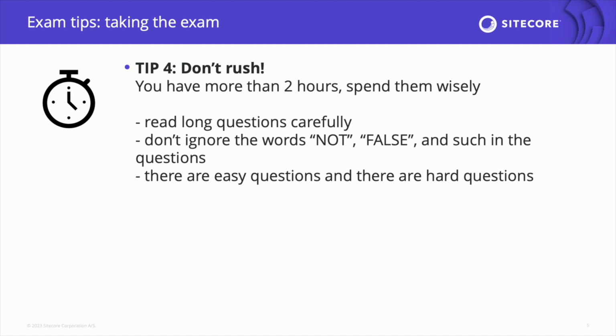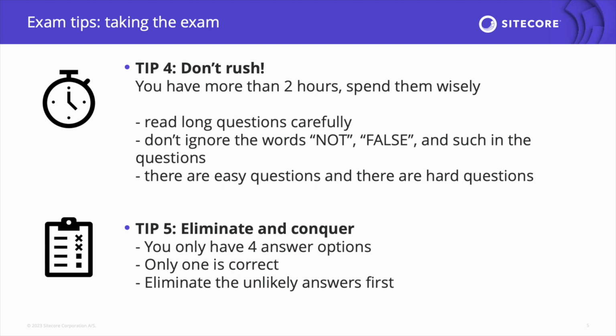So spend more time on hard questions and don't worry that you won't make it, because easy questions can be resolved probably in 10 to 20 seconds, while you will have 1 more minute for a hard question. So make sure you allocate enough time for both types of questions, and also long and short questions differ in the same way.